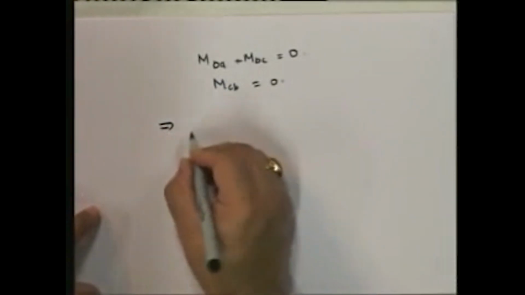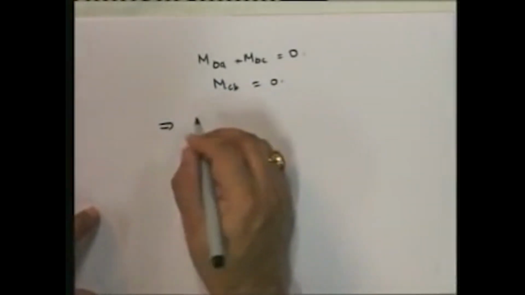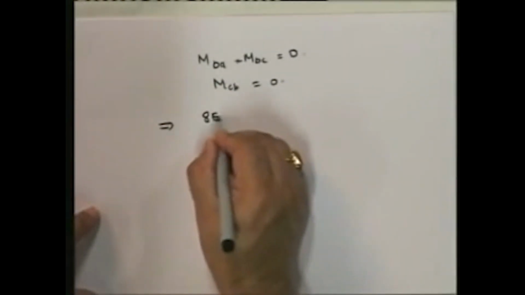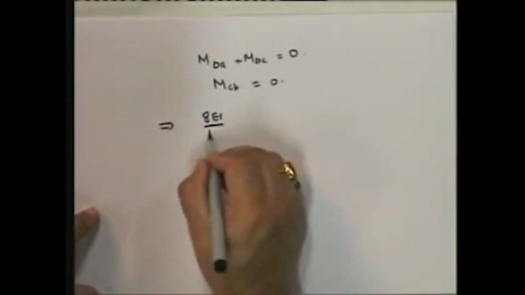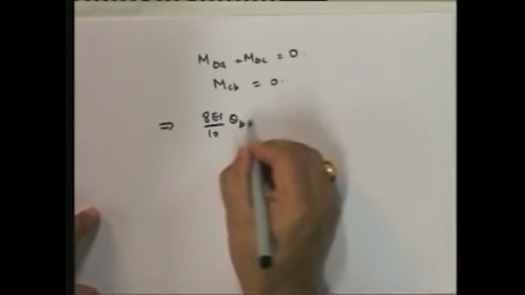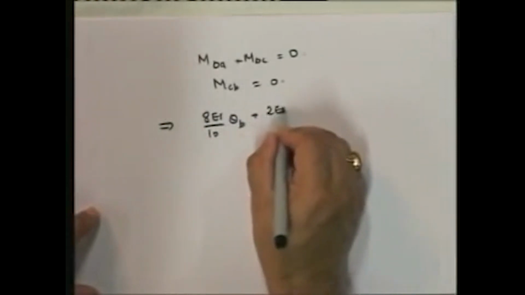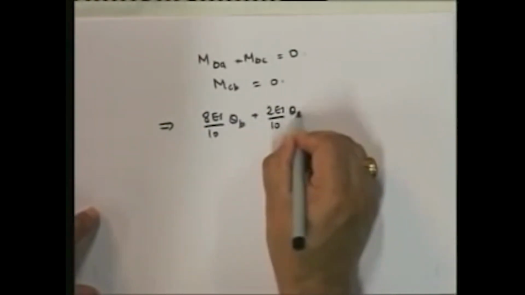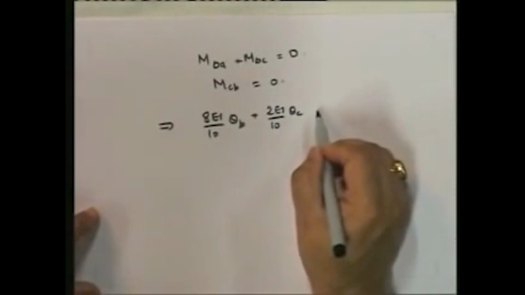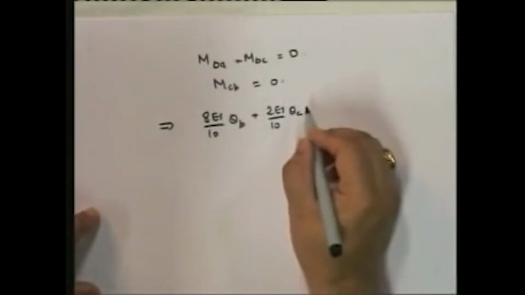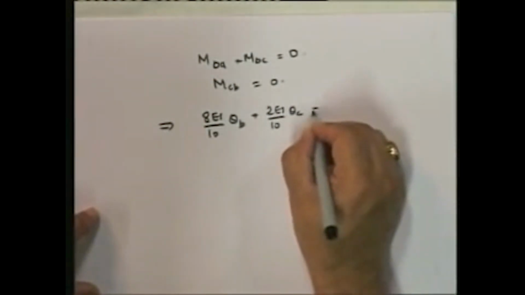This gives us that MBA plus MBC is equal to 8EI upon 10 theta B plus 2EI upon 10 theta C. If you have plus 720 minus 720, so that cancels out.